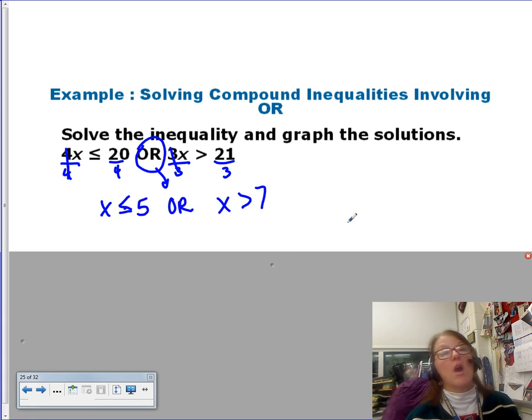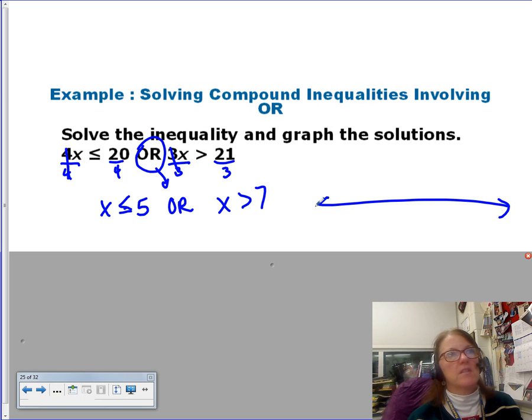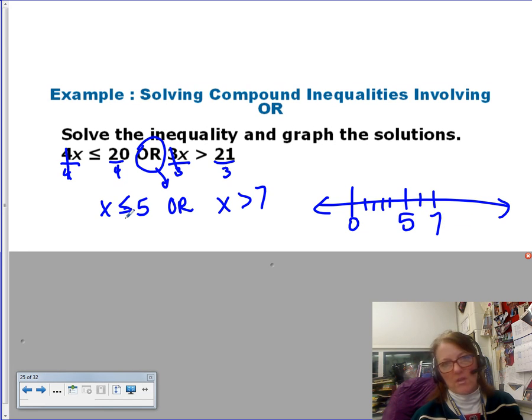Okay, draw one number line and let's see what this looks like. Here's 5. Here's 7. Less than or equal to 5. Solid dot. I'm shading to the left. Fill in the arrowhead. Or x is greater than 7. Open circle, shade to the right.